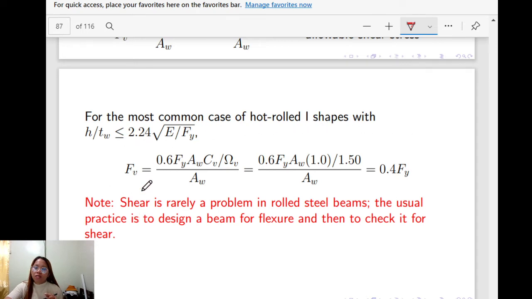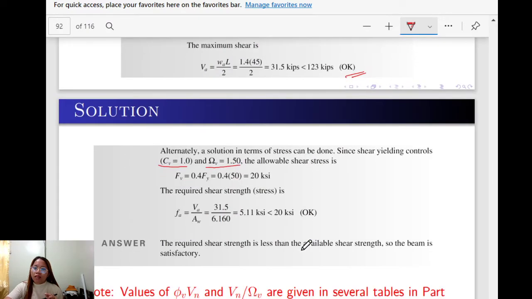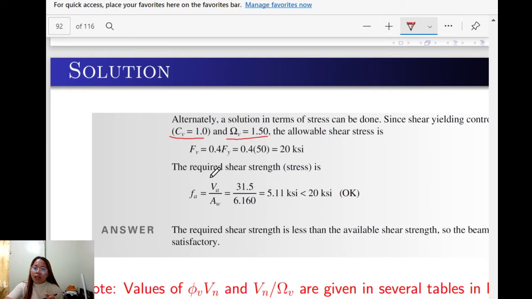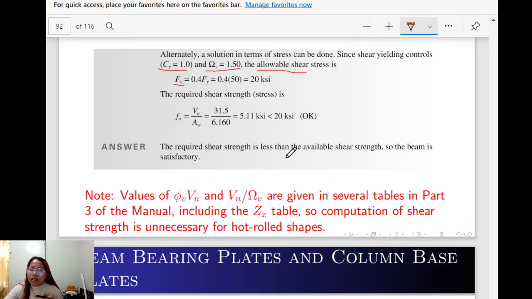So if we try to solve using the alternative solution, we arrive that the applied shear stress is less than the allowable shear stress, Fv. So the required shear strength is less than the available shear strength. So the W shape is satisfactory.